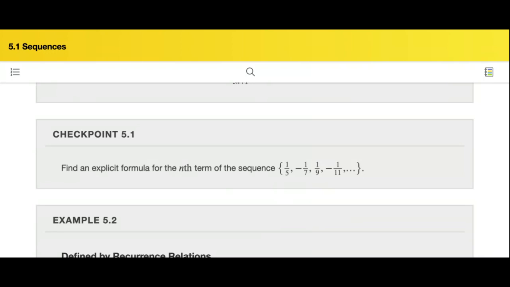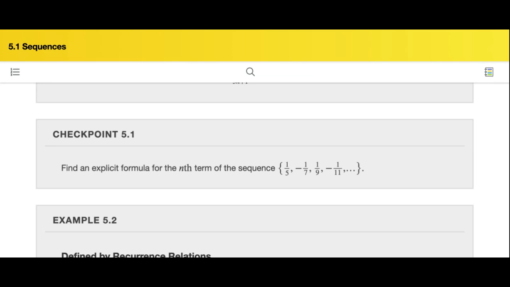Now, the numerator is constant. The numerator is 1, so we don't have to do anything with the numerator. It will be 1 forever. We only have to think about the denominator. The denominator of A1 is 5, right? Now let's think about 7. 7 equals 5, the denominator of the first term, plus 2 times the position.